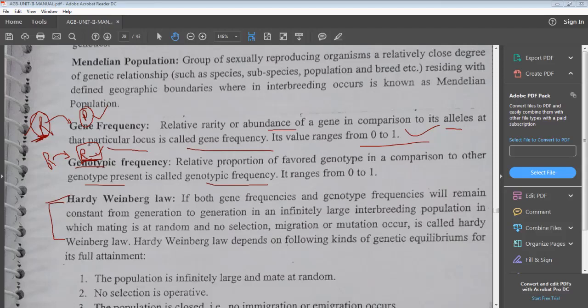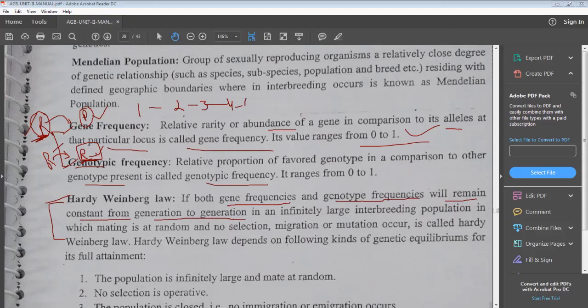Hardy-Weinberg law: if both gene and genotypic frequencies remain constant. The first point is that gene frequency and genotypic frequency remain constant from generation to generation, from one generation to the next.